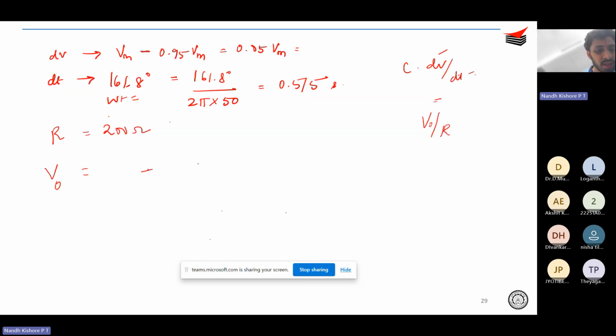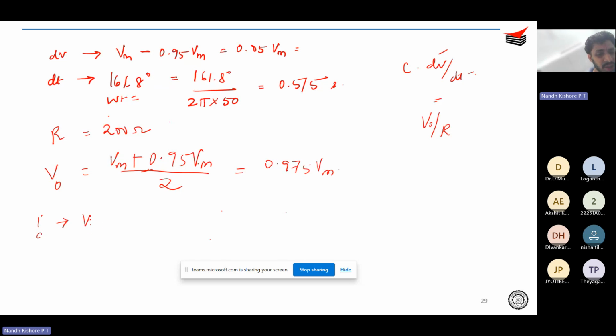Average V naught is Vm plus 0.95 Vm by 2, which is 1.95 by 2, so 0.975 Vm.